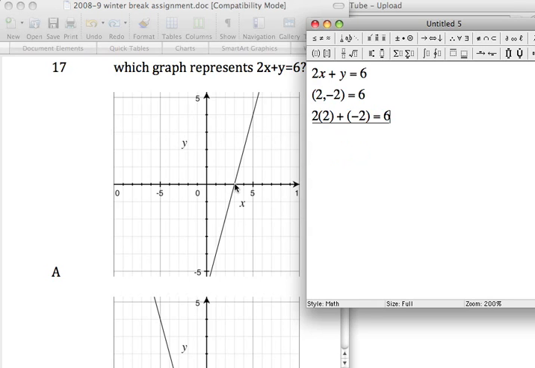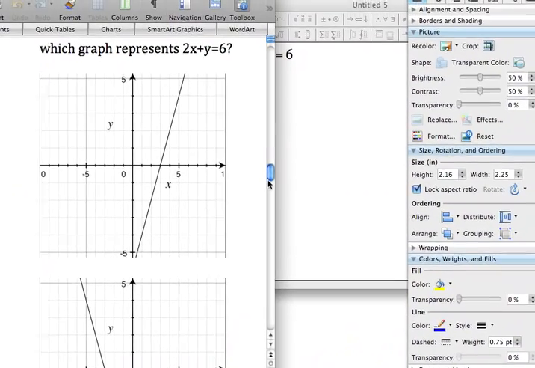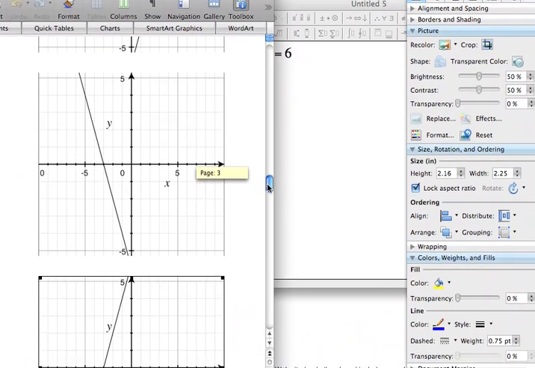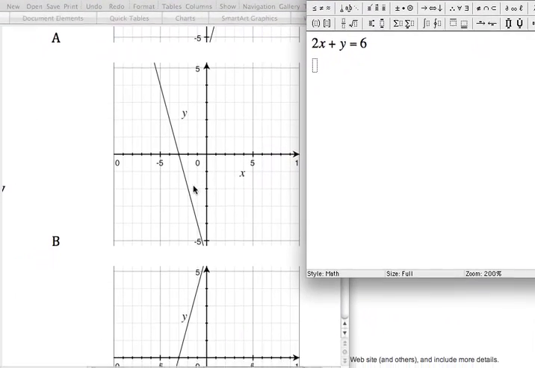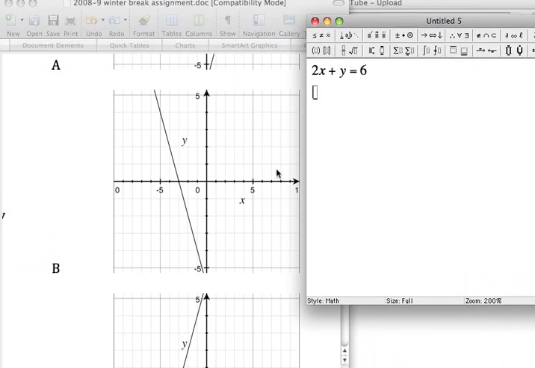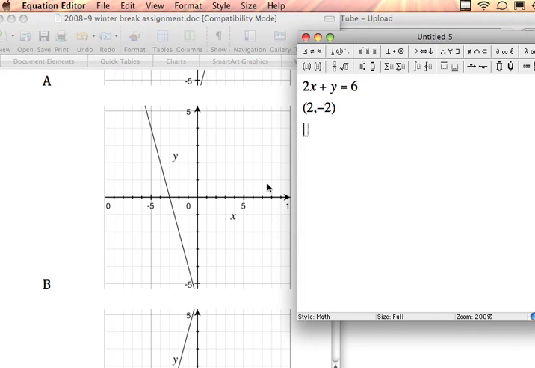So let's try answer B and see if it gives us what I'm looking for. If I look at the coordinate here, this is (2, -2). In this case, I'm going to replace x with 2 and y with -2.